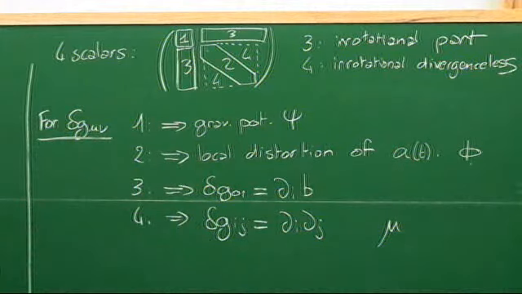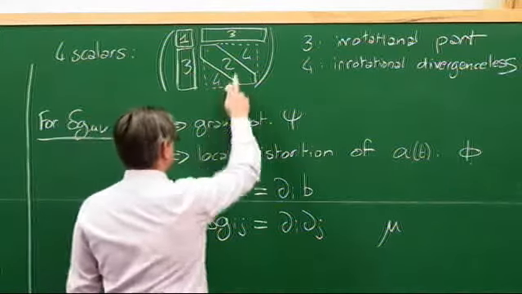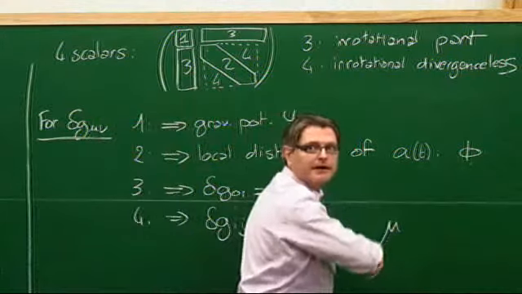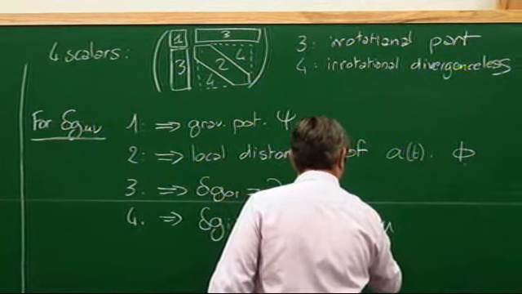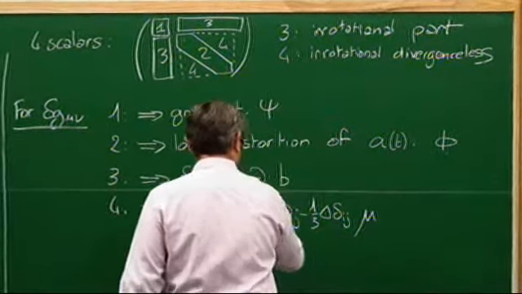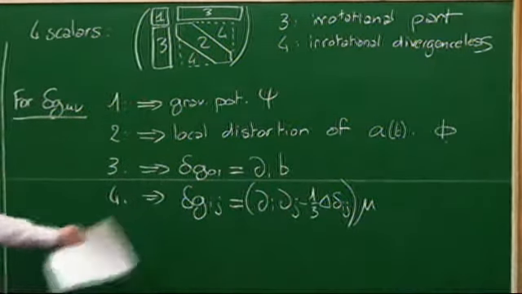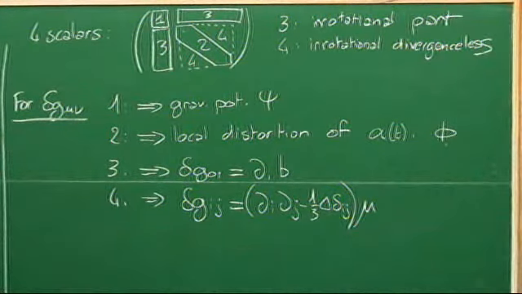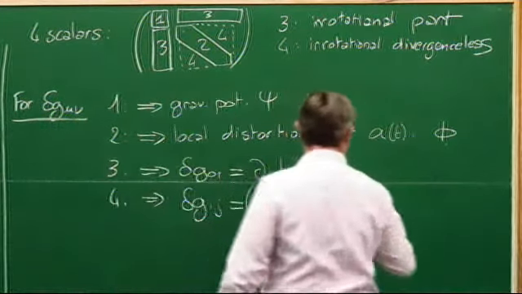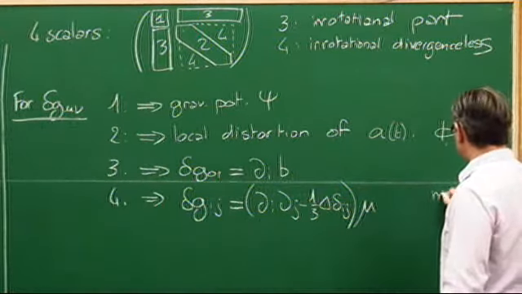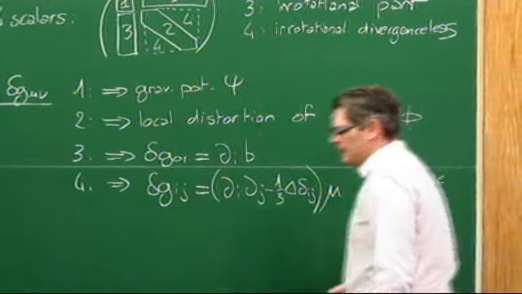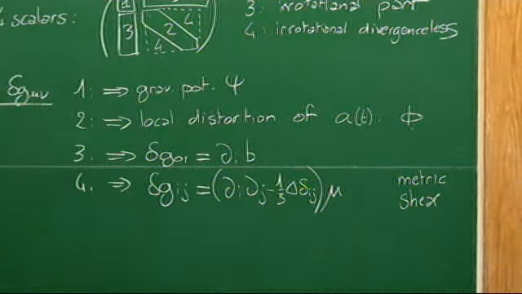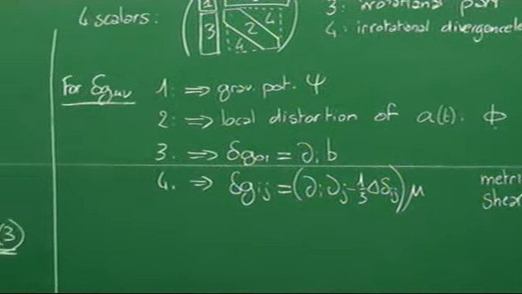But remember that this part must be traceless, because a trace has already been encoded in phi. So I have to remove 1/3 of the Laplacian of delta ij of mu in such a way that this component is indeed traceless. And here are the 4 scalar degrees of freedom in the metric. This accounts for the shear part of the metric. Okay, we will see which role these components play in the following.